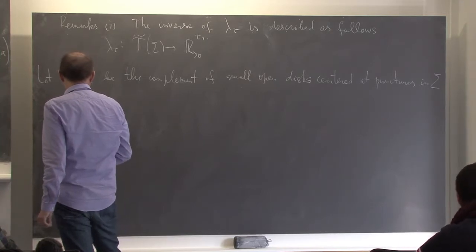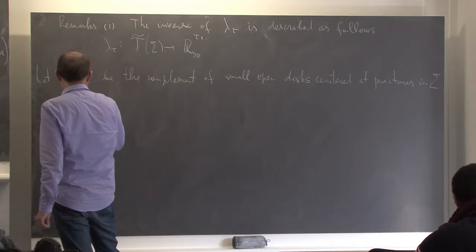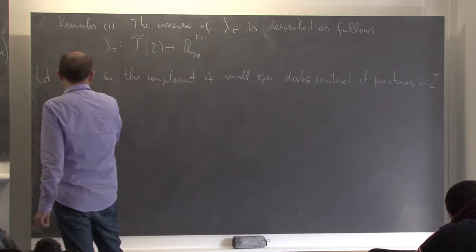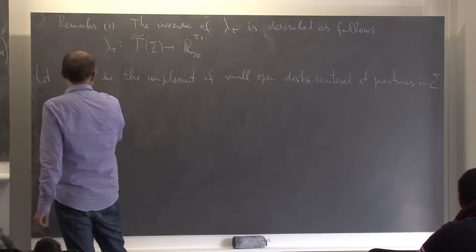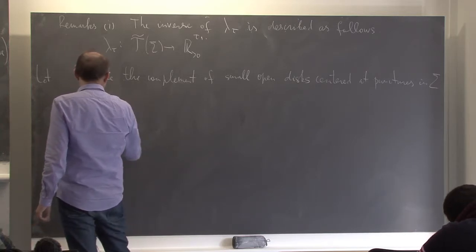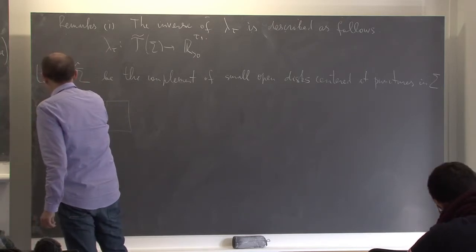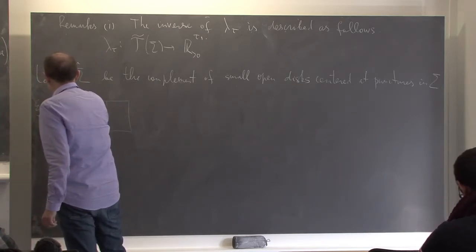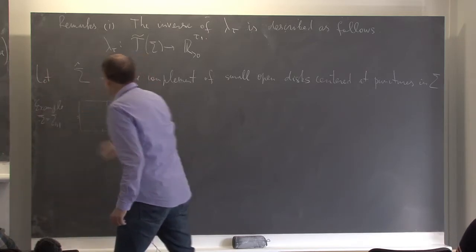So, for example, if we have a once punctured example, sigma equals sigma 1,1, so we have a rectangle.